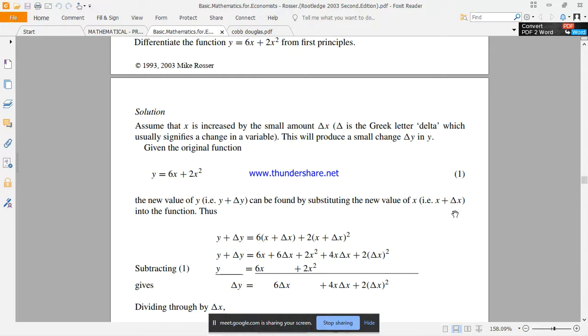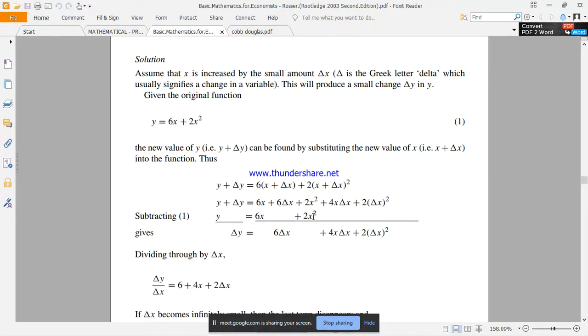I don't know if you're following. We're using the first principle here, which someone has confirmed that we did in first year. So y plus the change in y will be 6, open brackets. Whenever there is x, we put the initial x plus this change in x. Wherever there is x, we're just going to plug that in.